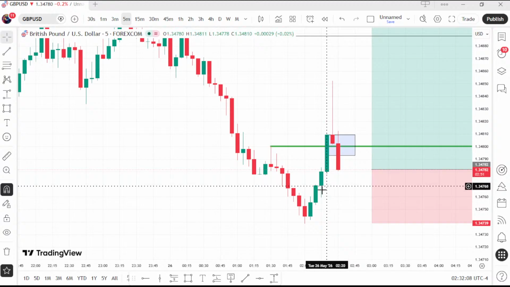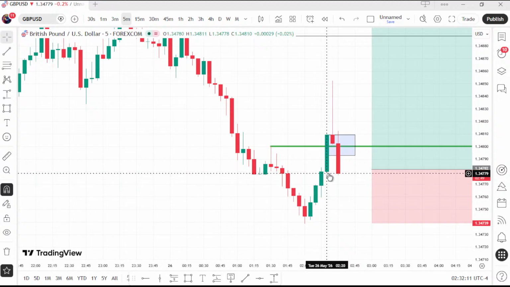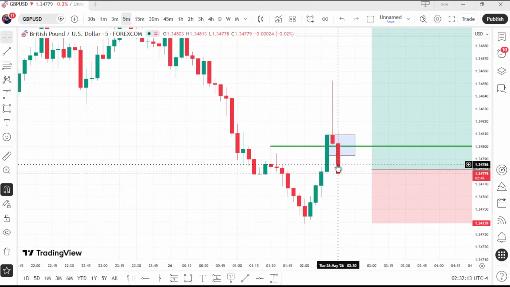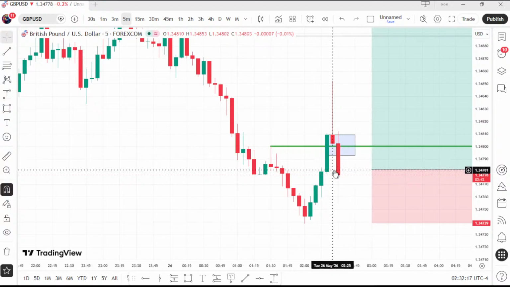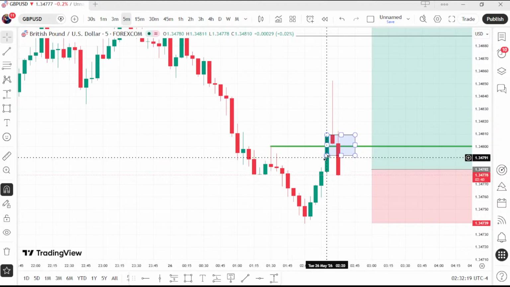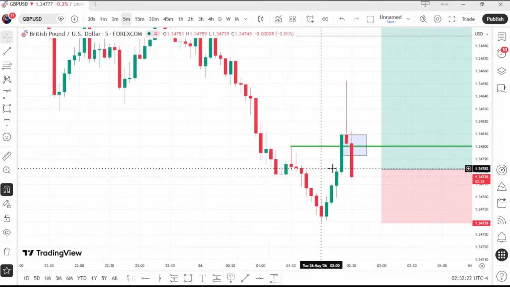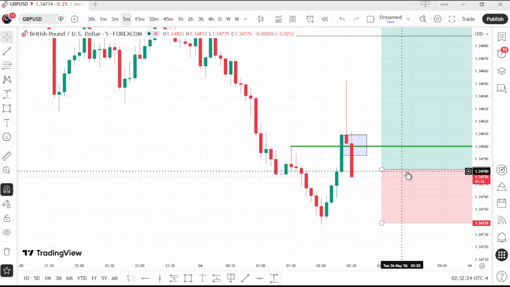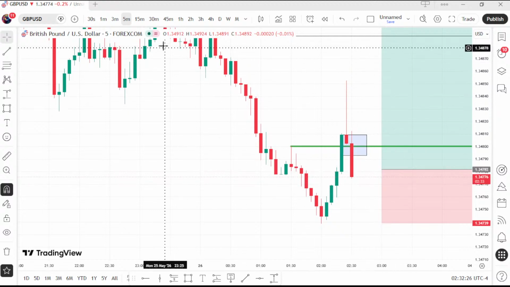These are the fair value gaps. So that fair value gap again. This is that 5 minute fair value gap.